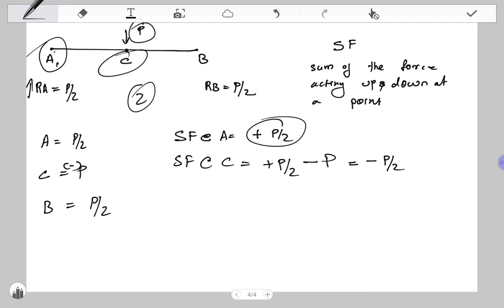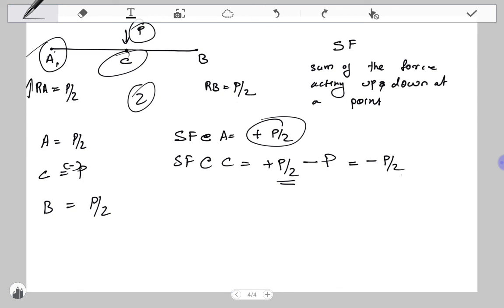Understood? Now you may be wondering why we only took P by 2 for adding with value P. Why not the entire upward force RA and RB together?